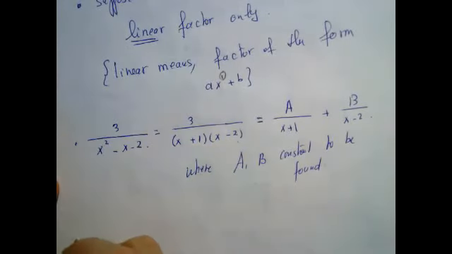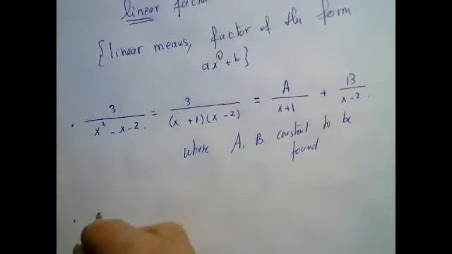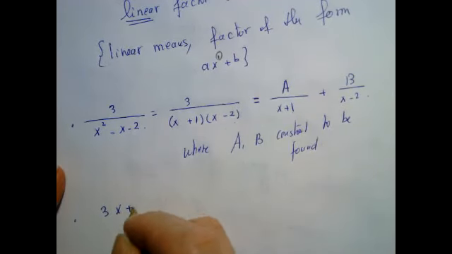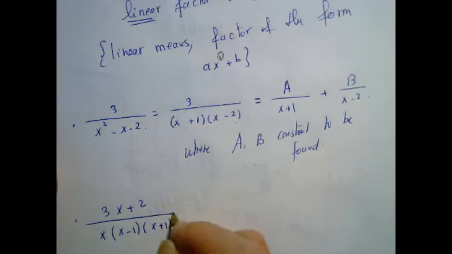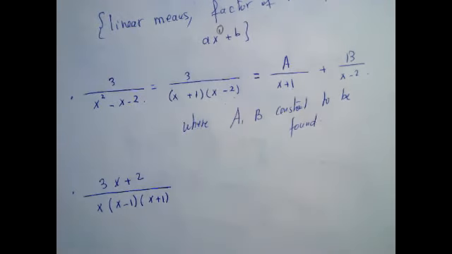Another example, suppose I have a rational function, and the denominator looks like this. I factored it and I get that. I have 3 factors, distinct, linear.